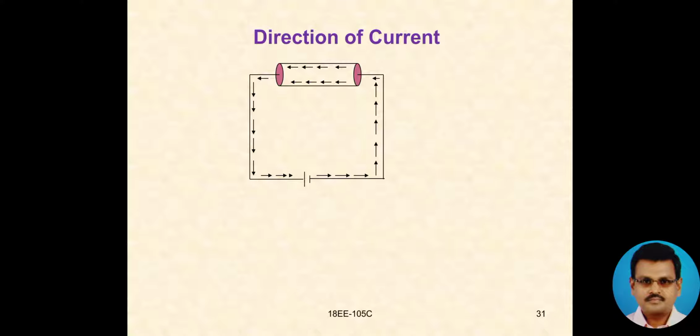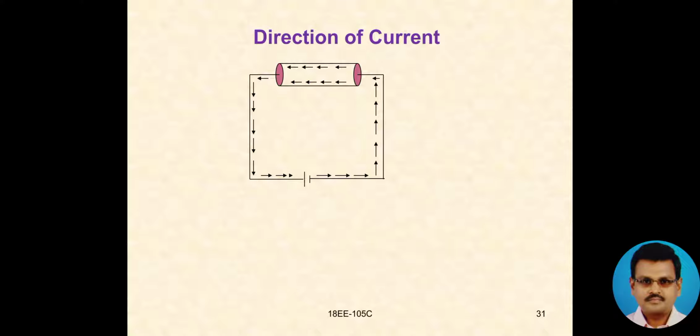So only when there is a closed path does the current exist. That means the electrons start flowing from the negative terminal through the body and through the conductor to the positive terminal, and it reaches again the negative terminal. So it constitutes a closed path. Only then does the current exist.